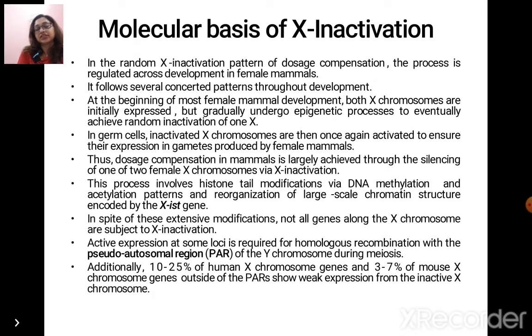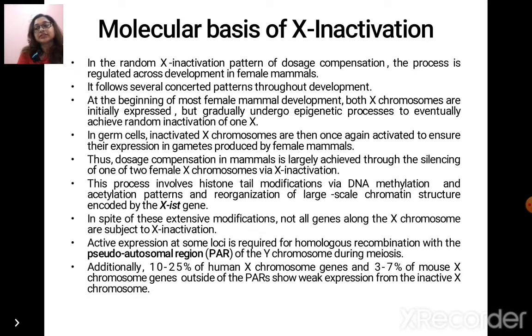Thus, dosage compensation in mammals is largely achieved through the silencing of one of the two female X chromosomes via X inactivation. This process involves histone tail modifications via DNA methylation and acetylation patterns and reorganization of large-scale chromatin structures encoded by the XIST gene. In spite of these extensive modifications, not all genes along the X chromosome are subjected to X inactivation.